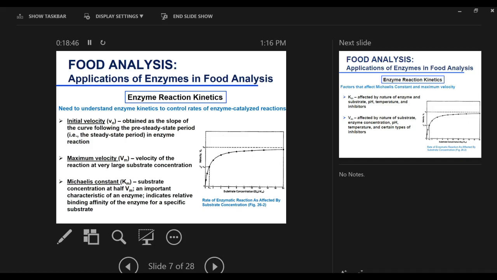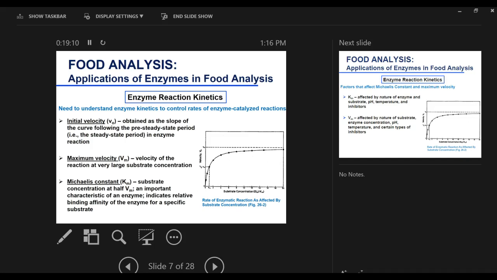S1. Why? Can you explain? Because even at a lower concentration, it's reactive. Exactly. Because for S1, we got to V, which is Vmax over 2, here. This is just the y-axis, it's V0.